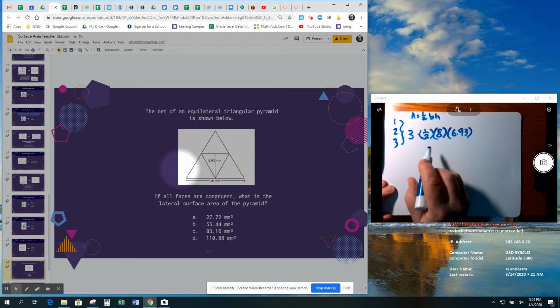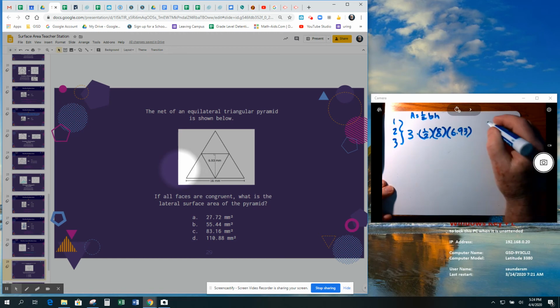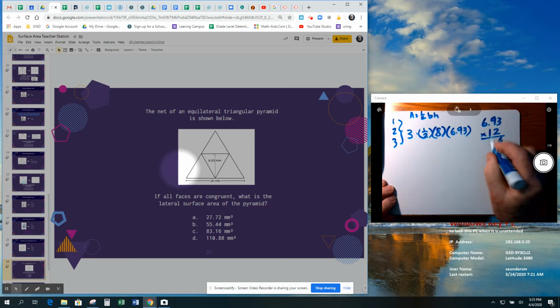Okay. So 1/2 times 8 is 4. 4 times 3 is 12. And 6.93 times 12. 2 times 3 is 6. 2 times 9 is 18. Carry the 1. 2 times 6 is 12, plus 1 is 13.